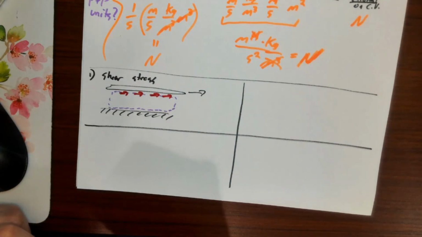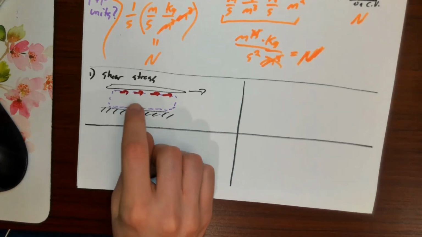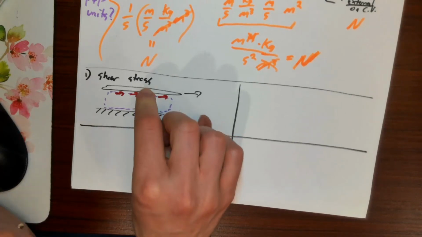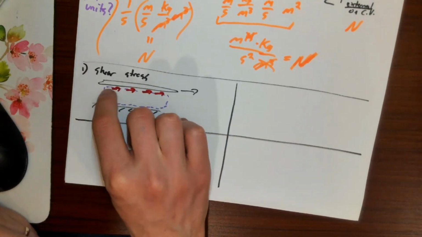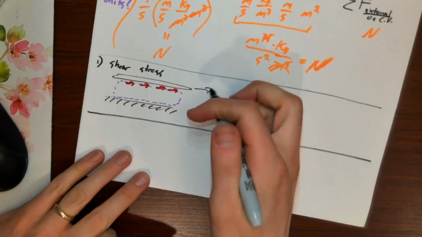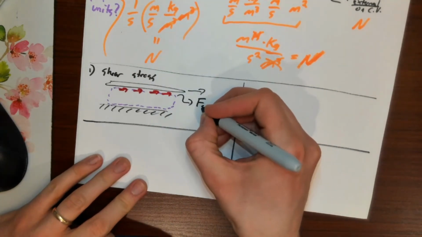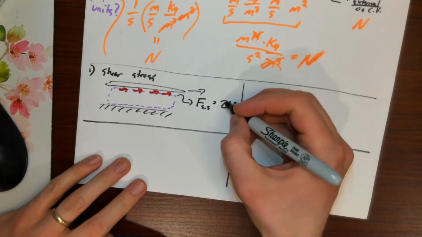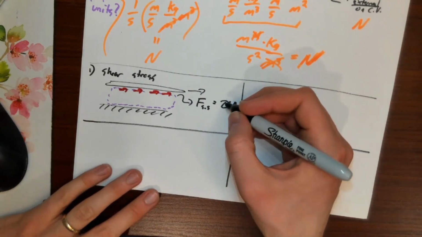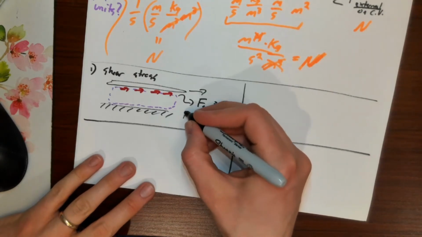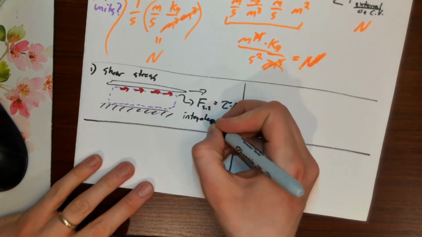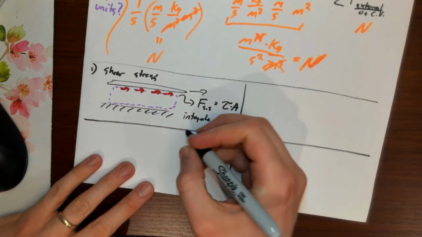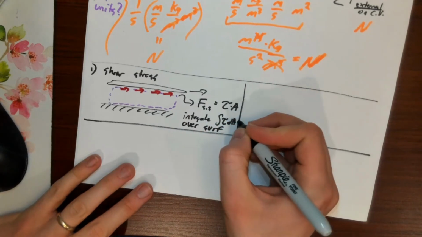But shear stress can tug on the surfaces of fluids, and the way I essentially go from a shear stress to a force is by multiplying that shear stress by area, or if that shear stress is variable, integrating that shear stress over the surface. So, a force due to shear stress is equal to stress times an area if stress is constant, or I need to integrate tau dA over the surface to get some overall force, right?